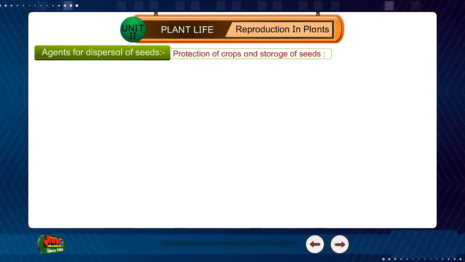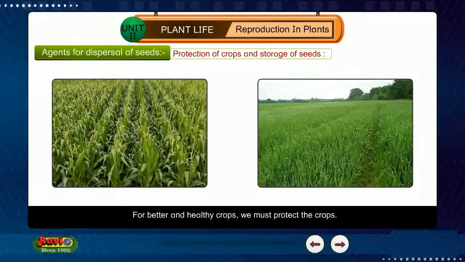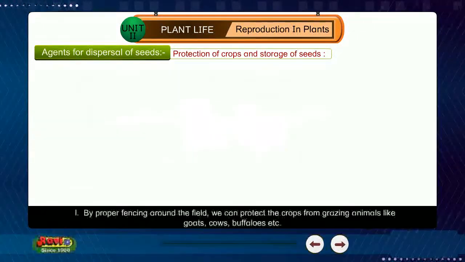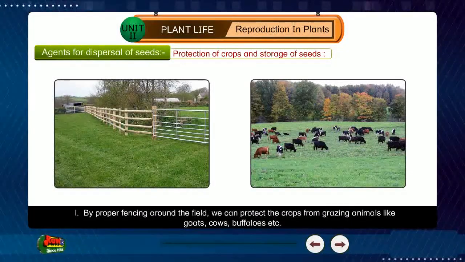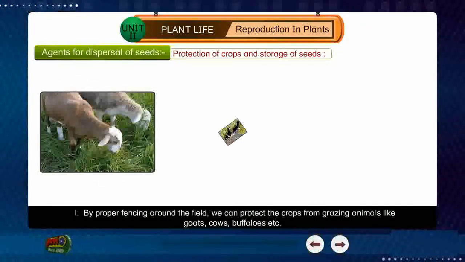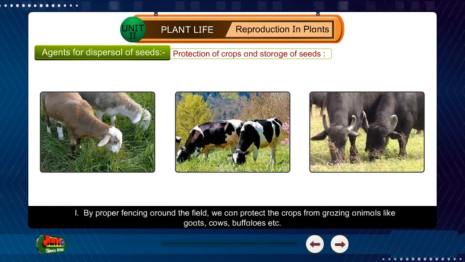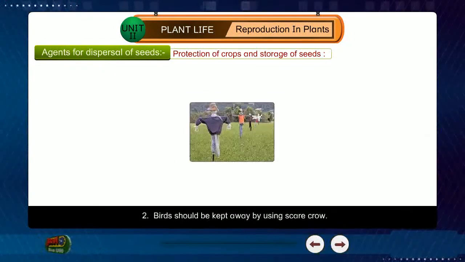Protection of crops and storage of seeds. For better and healthy crops, we must protect the crops. 1. By proper fencing around the field, we can protect the crops from grazing animals like goats, cows, buffaloes, etc. 2.